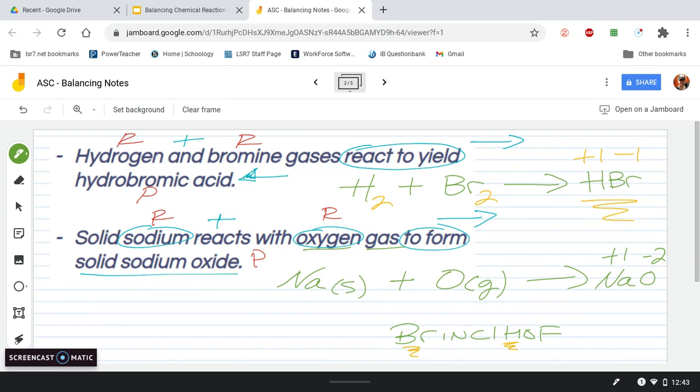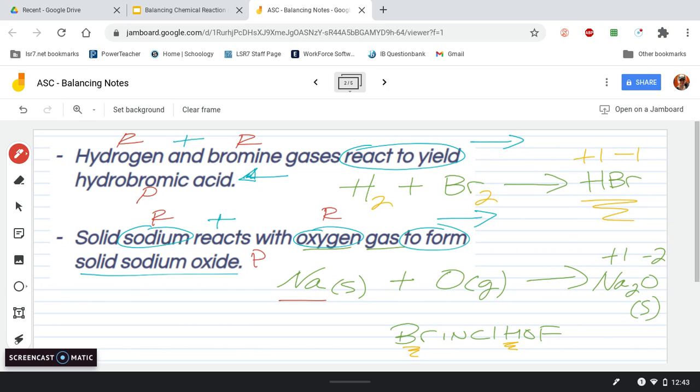So I crisscross, and this is what a lot of students forget. They forget to crisscross, and they get things wrong. So we don't want to forget to crisscross. So Na2O. And I'm kind of running out of space here, so I'll put my S for solid right there. Okay, let's check for Brinkelhoff. All right. Is sodium in Brinkelhoff?